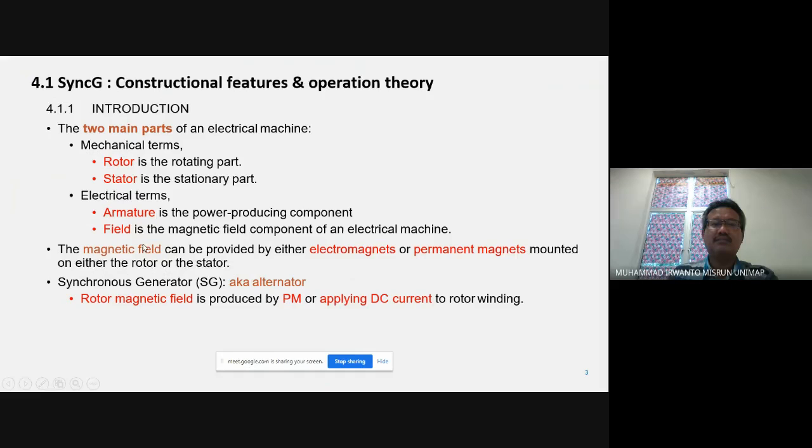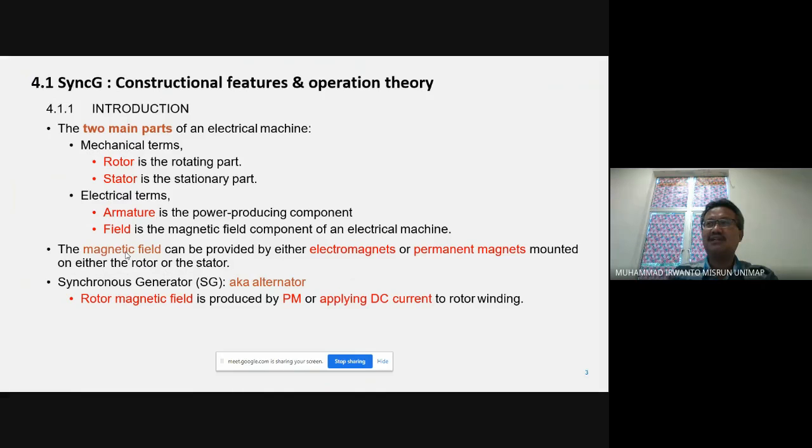Meaning the magnetic field is developed by the rotor, because the rotor is constructed with winding, and the winding carries DC current.